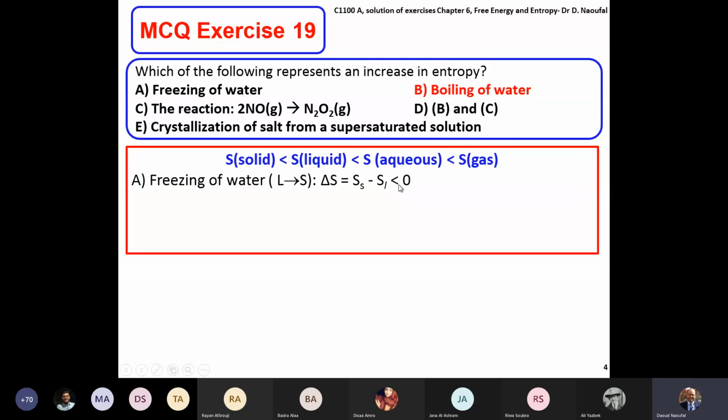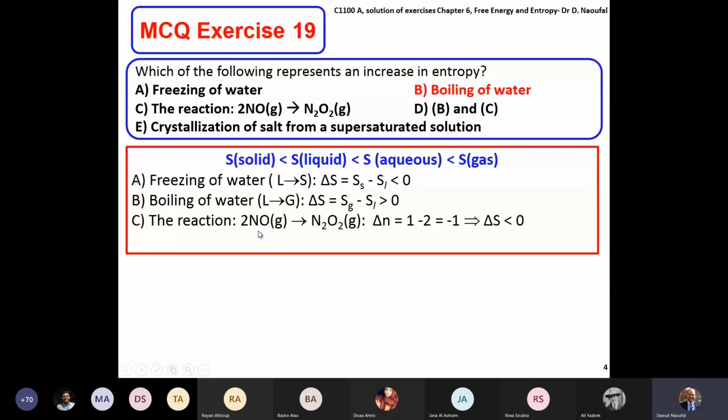So A is not the correct answer. B, boiling of water. The boiling is the transformation from liquid to gas. We have appearance of gas, which is less ordered. So S of the gas is greater than the S of the liquid, and delta S is positive. So B is correct.